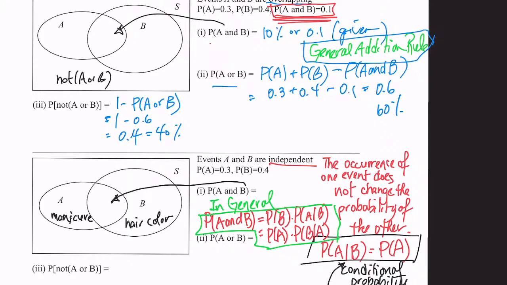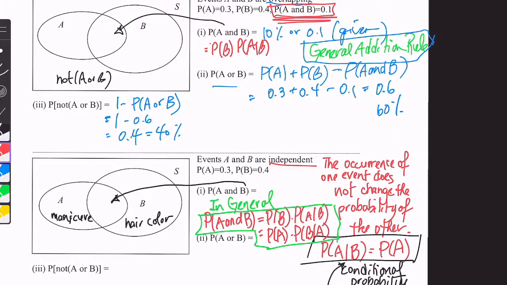In the above, over here, if I didn't give this to you, you would have had to find this A given B calculation. Or you would have had to find out B given A, okay? But you didn't have to do that because I gave you the result.